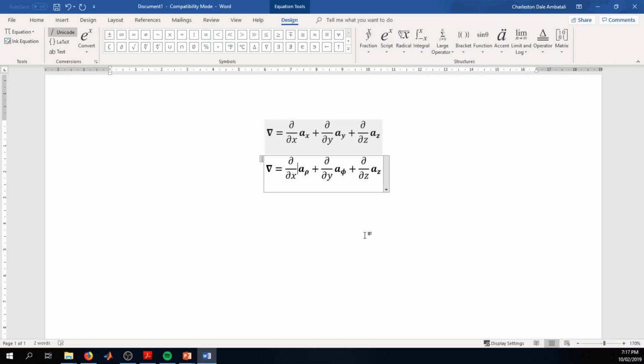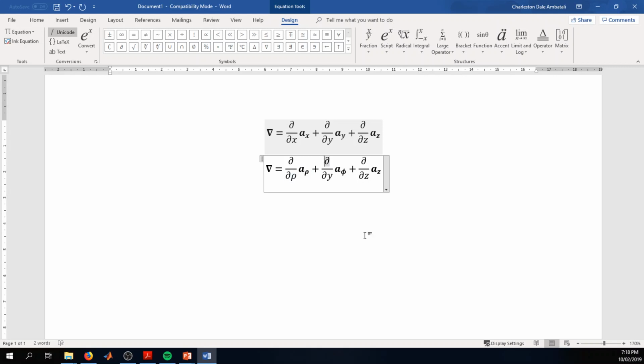For the rho component, you're changing the radius of your cylinder, so you get the change of your vector with respect to rho. You're moving along the length of rho, and this is the differential length of your rho axis.